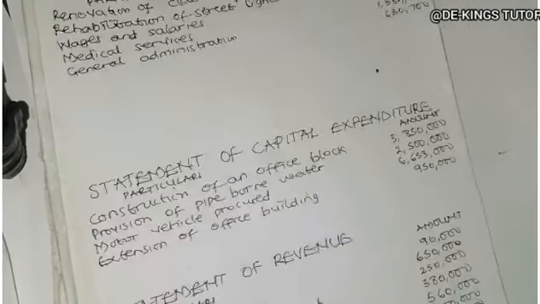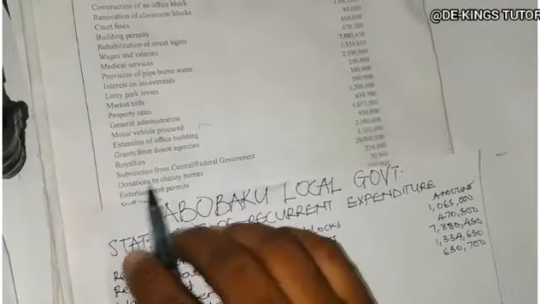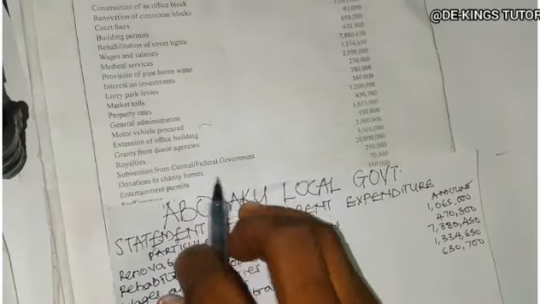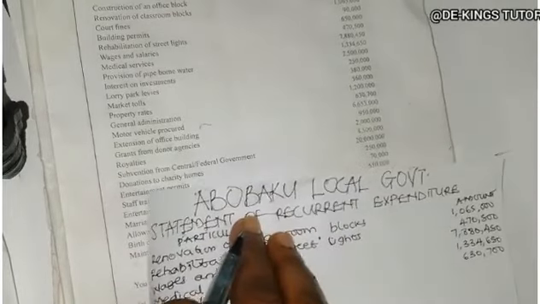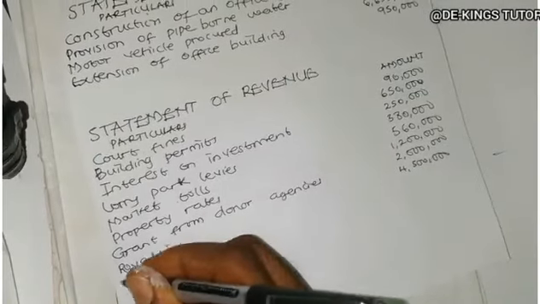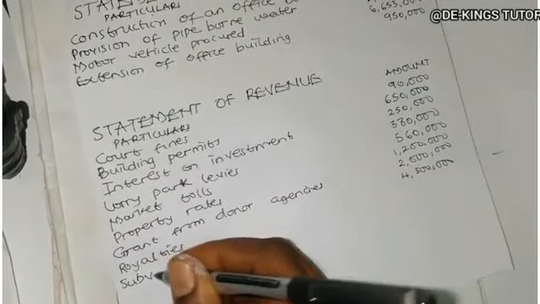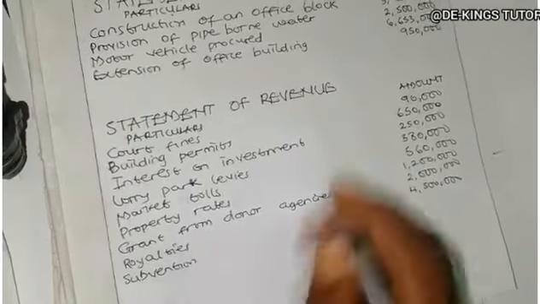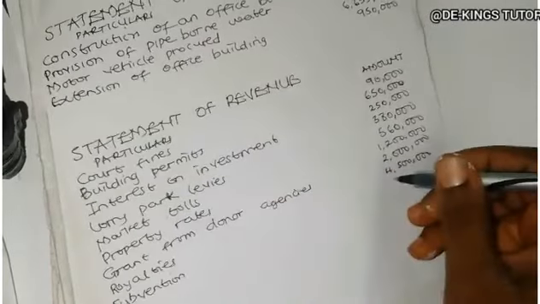Next one is subvention from central/federal government, 20 million. It means they receive money from the federal government. It's a revenue.